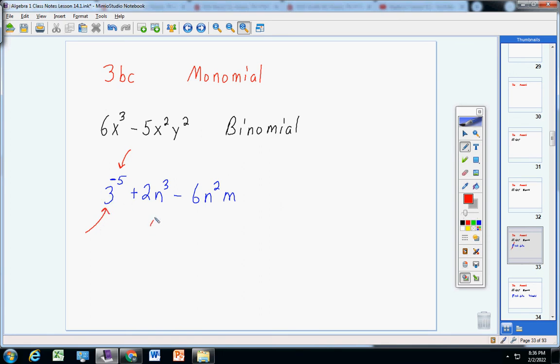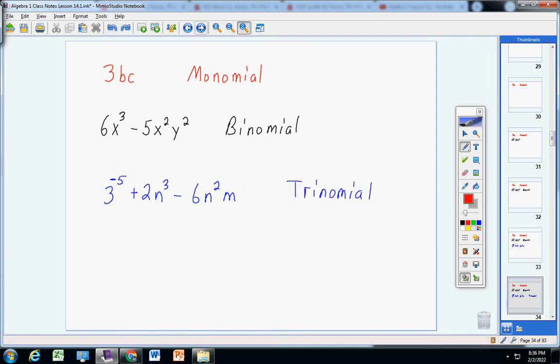We're looking at the variables, and this variable's exponent is positive, and this variable's exponent is 1, and it's also good. We don't care if this is negative, that's fine, because its base is not a variable, its base is a number. All right, this is a trinomial.